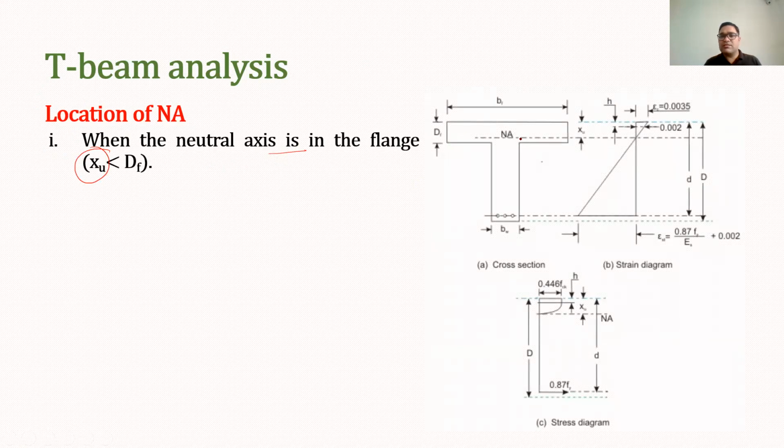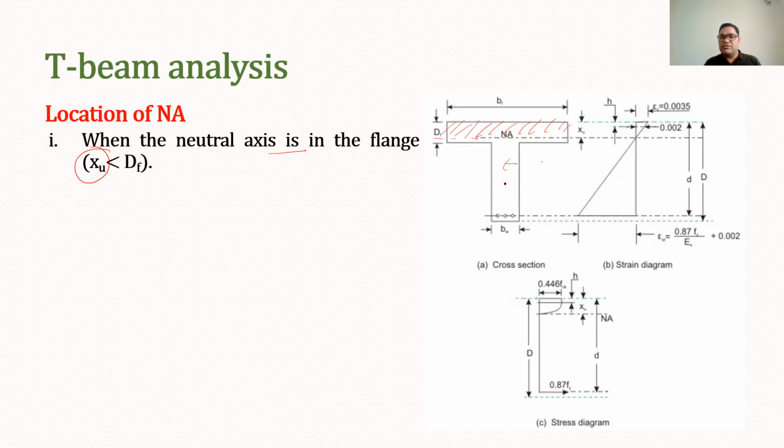In this, neutral axis is lying within the flange, and therefore we can treat the area of concrete above neutral axis, which means this part will be under compression, and below neutral axis it will be under tension.